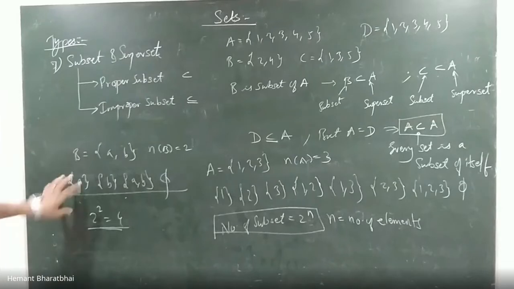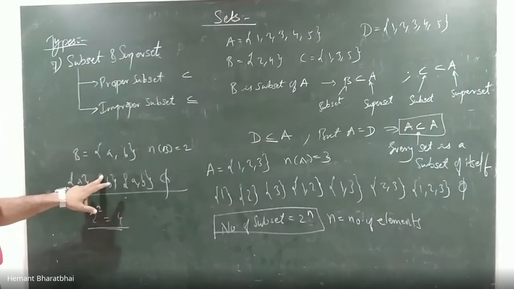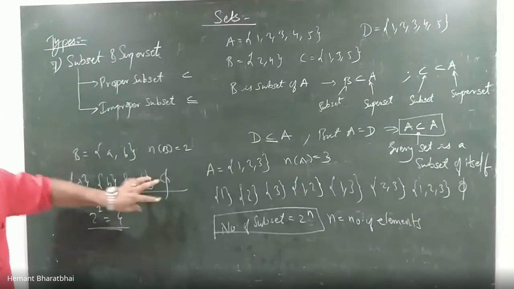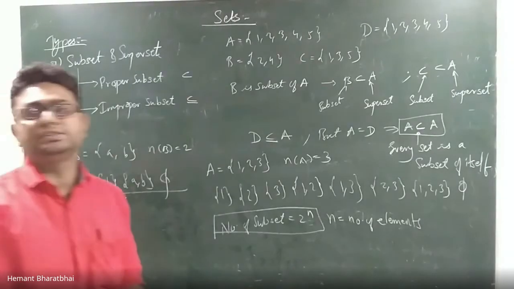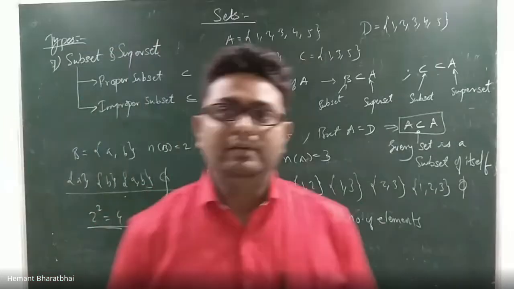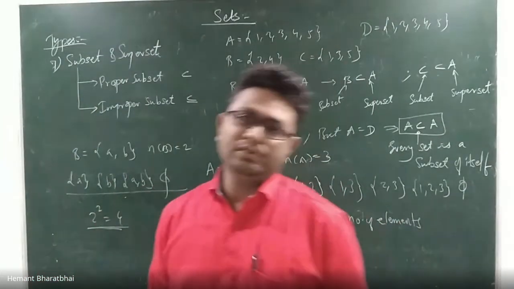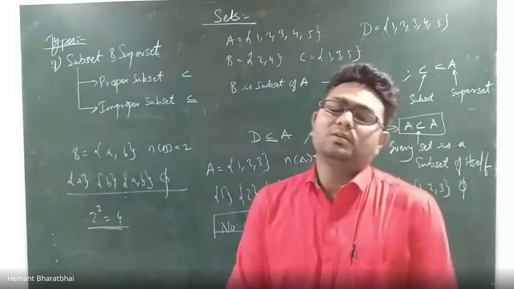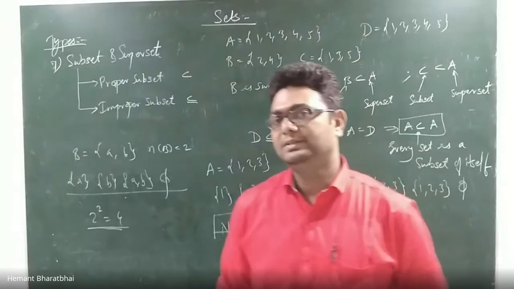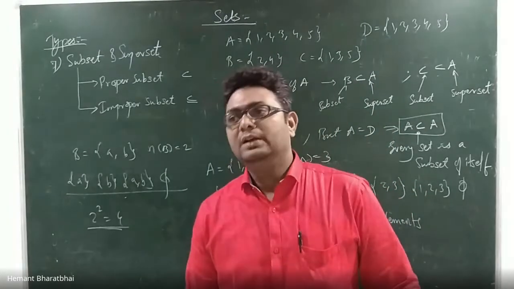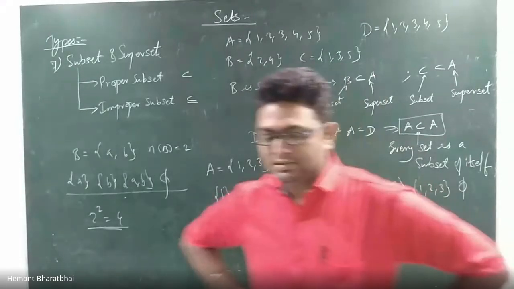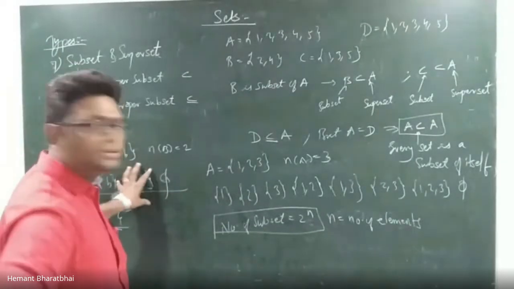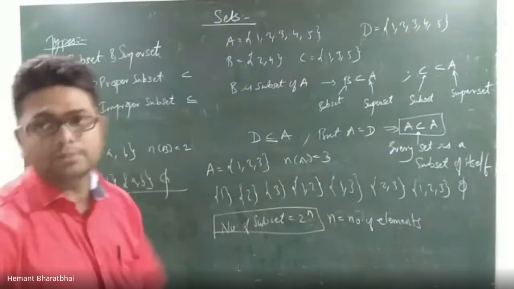Similarly here, this is also a proper subset, this is also a proper subset. This is not a proper subset, because you cannot say which is superset and which is subset. When you cannot say which is a superset and which is a subset, then you call it an improper subset. Whereas when you can identify which is a superset and which is a subset, then it is called a proper subset. So here also you have to remove one only, there also you have to remove one only.